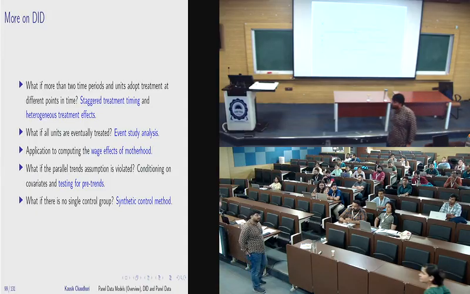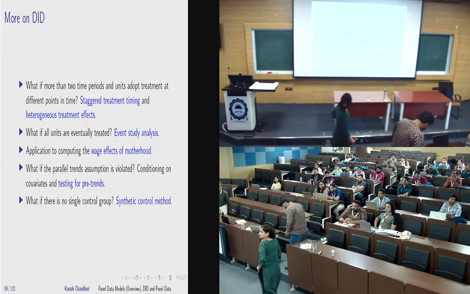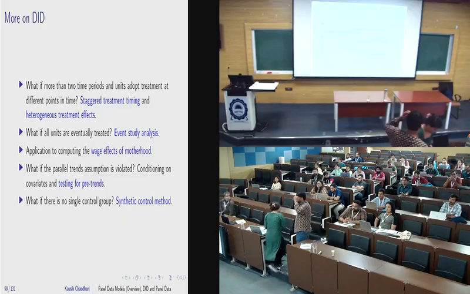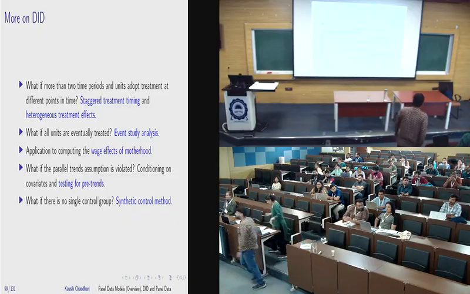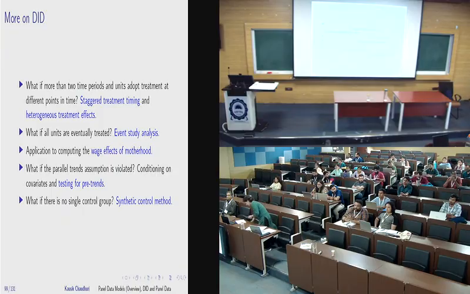I want to start with a group being treated and a group not being treated. What happens eventually if all groups get treated, which I am going to talk about more in terms of event study analysis. Clear?